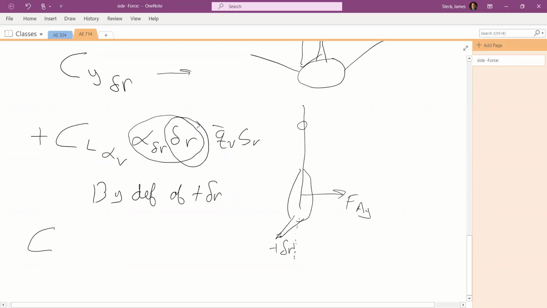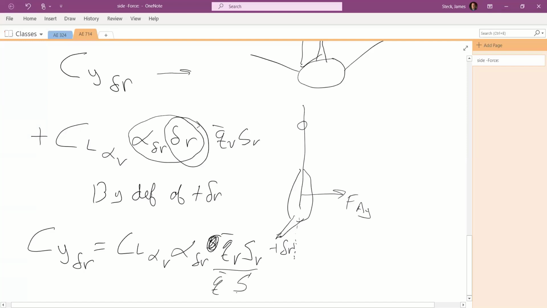So if you talk about Cy delta R, you get CL alpha V, the rudder effectiveness, don't need the rudder. And then we turned it into a coefficient by dividing by Q bar and S. And so we get, all these formulas look a lot alike. They always have that A to V and the SV over S.